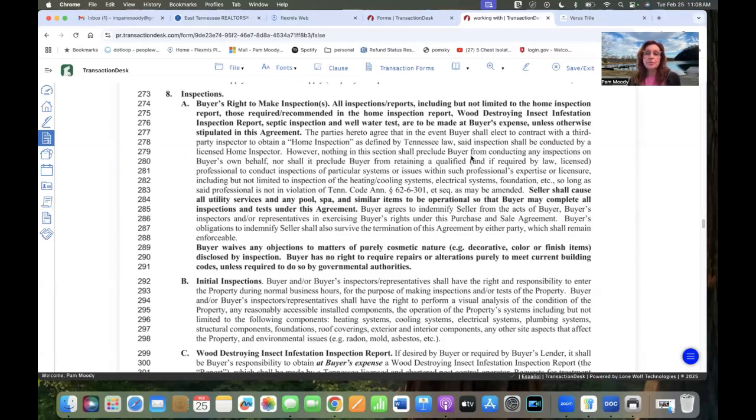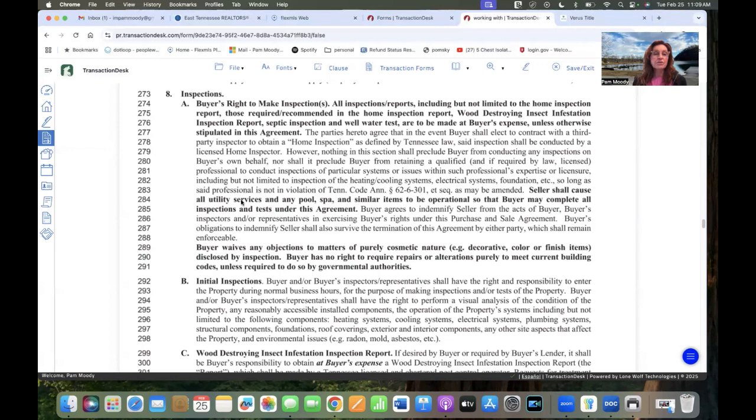Nothing in this section shall preclude buyer from conducting any inspection on buyer's own behalf, nor shall it preclude buyer from retaining a qualified and, if required by law, licensed professional to conduct inspections of particular systems or issues within such professional's expertise or licensure, including but not limited to inspection of the heating, cooling systems, electrical systems, foundation, so long as said professional is not in violation of Tennessee Code Annotated 62-6-301.